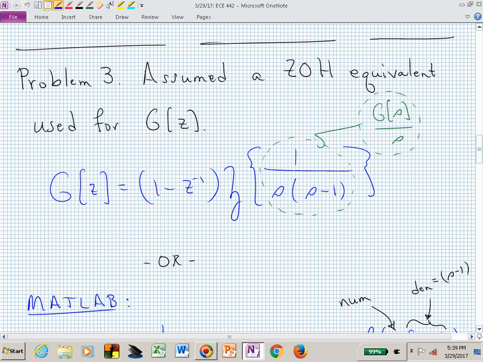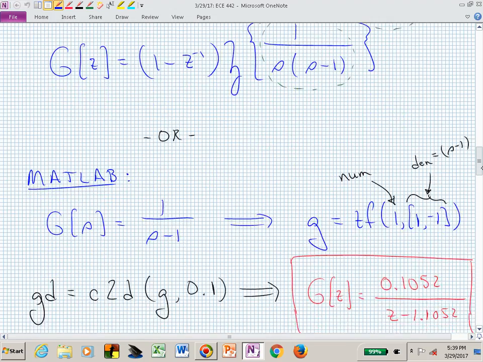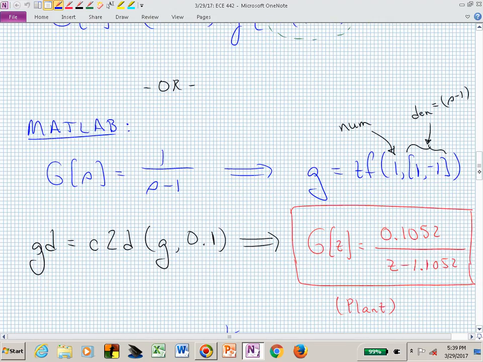And once you've found g of z, you're ready to start designing, or you could have found your g of z from MATLAB. You could put in g of s, and if you use the right c to d function, and in this case, if you don't tell MATLAB what strategy to impose in going from continuous to discrete, it will assume that you want the zero order hold approximation.